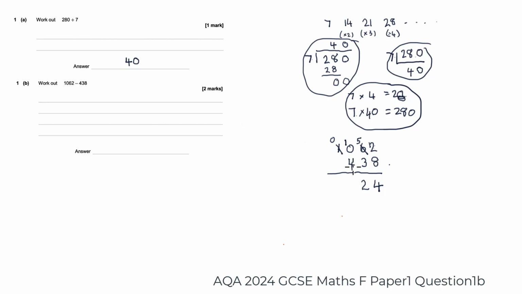So 4 hundreds away from 10 hundreds would be 6 hundreds, and we've nothing left in the thousands column. So our answer would be 624 for that, and that would be a reasonable working to show.